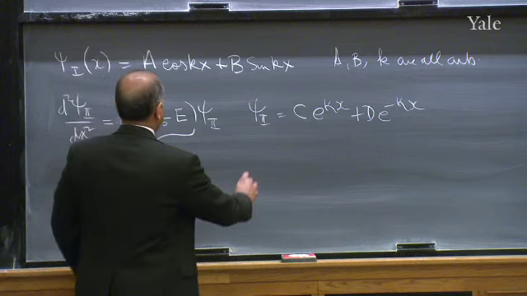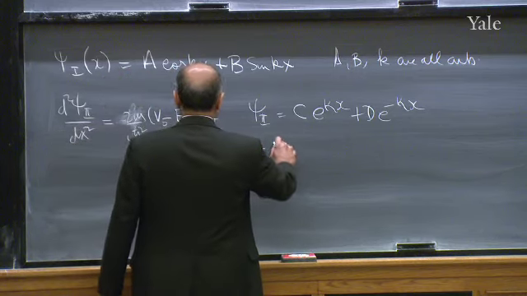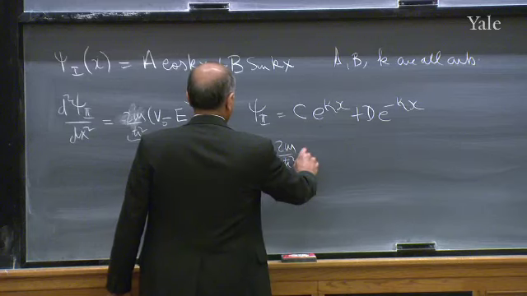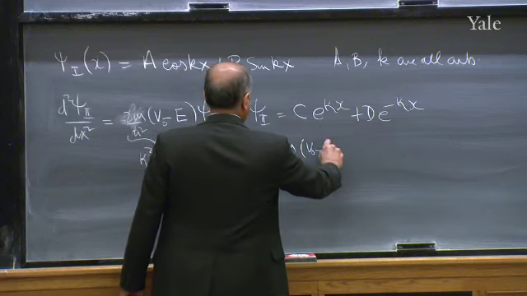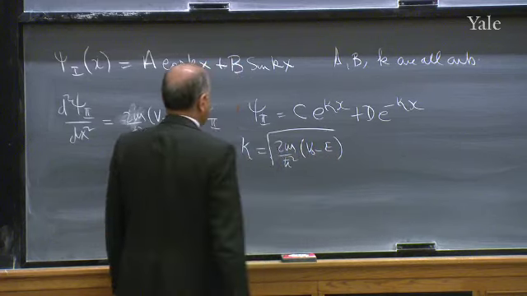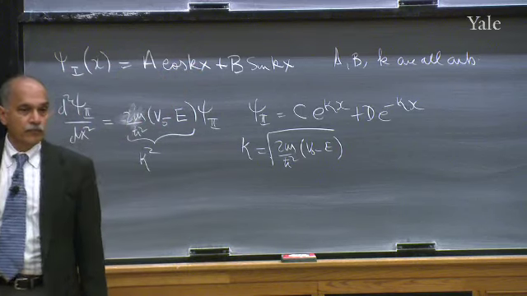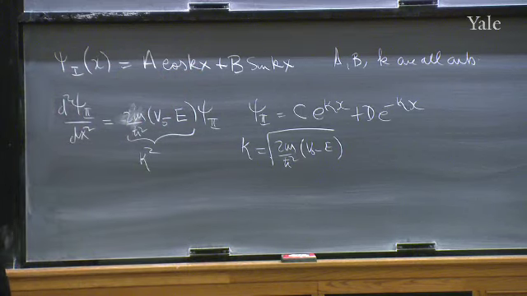So kappa is equal to the square root of 2m over h bar squared times v0 minus E. So these are now real exponentials and not imaginary exponentials.